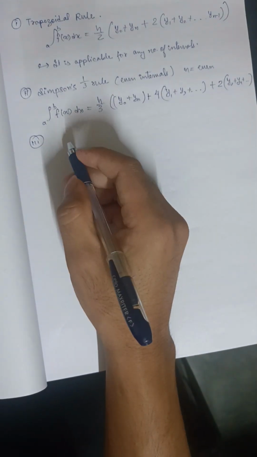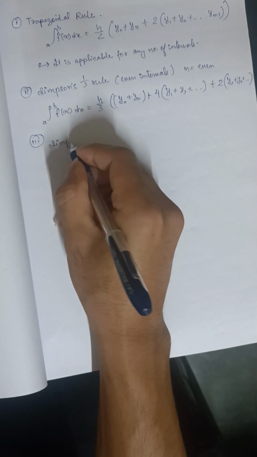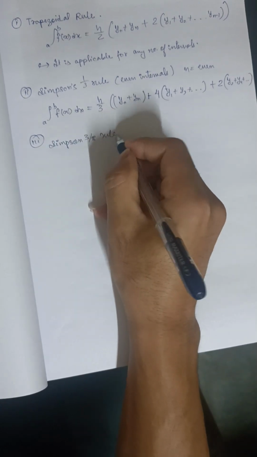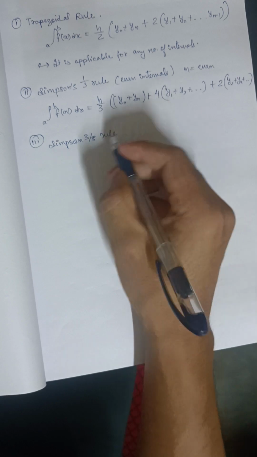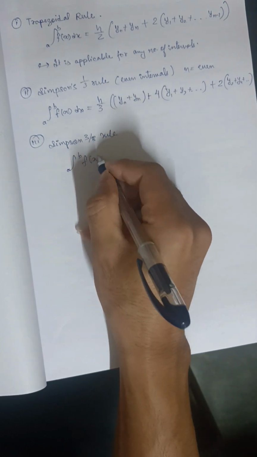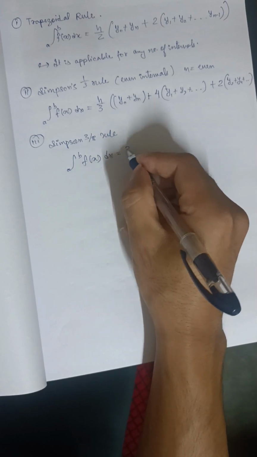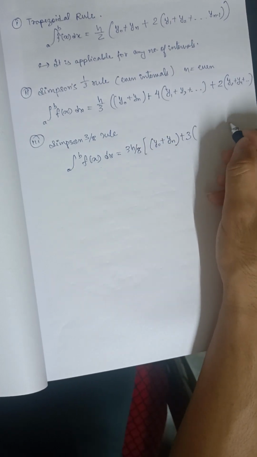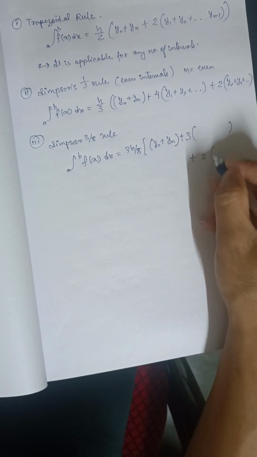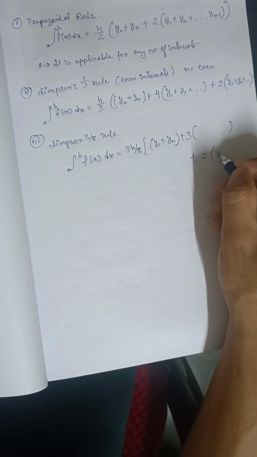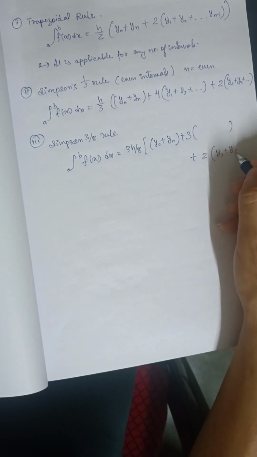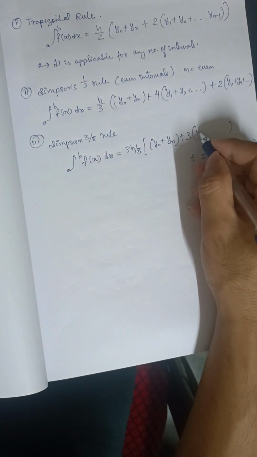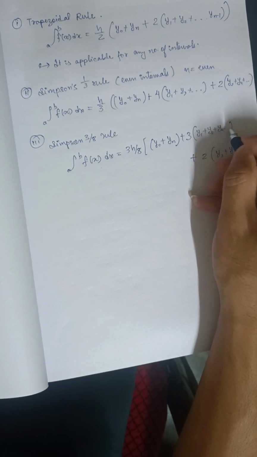Next we have Simpson's 3/8 rule. First term and the last term plus 3 times the remaining terms, and then plus 2 times all the multiples of 3, that is y3, y6, and so on, and the remaining terms are y1 plus y2 plus y4.